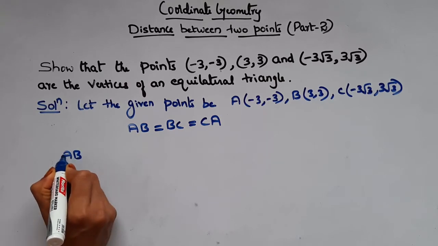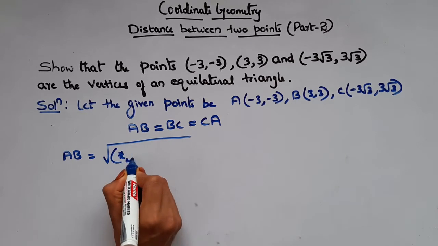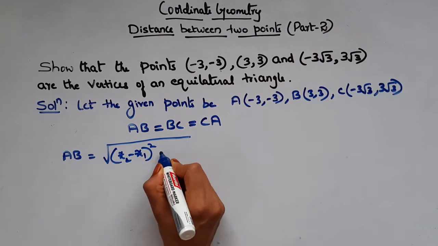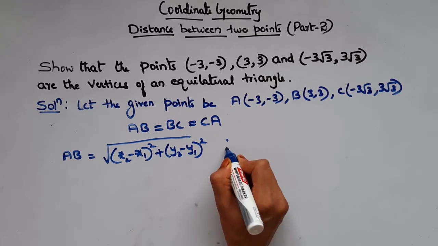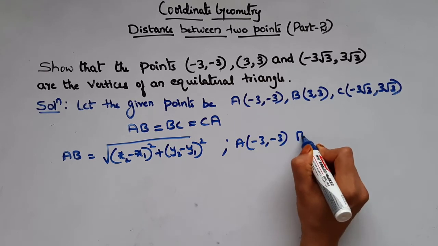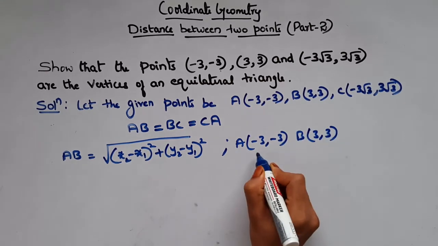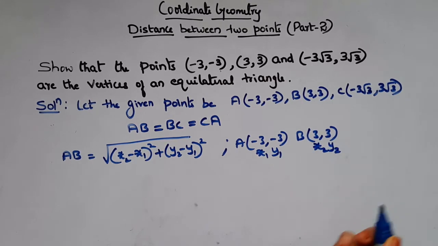So AB is equal to square root of x2 minus x1 the whole square plus y2 minus y1 the whole square, right? A is minus 3 comma minus 3 and B is 3 comma 3, right? So this is your x1 y1 and this is your x2 y2.